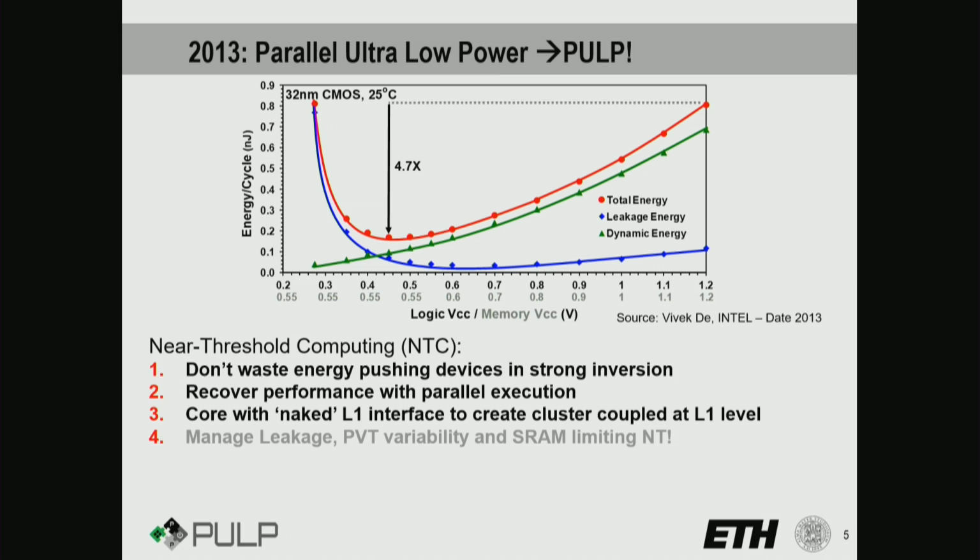To do this parallel execution, what you need is very small cores with, if you will, naked level 1 interfaces for the memory exposed. So we can cluster a lot of these small cores at a very tightly coupled level and group them into larger compute clusters. There are also other angles like managing leakage and PVT variability, which we won't go into.